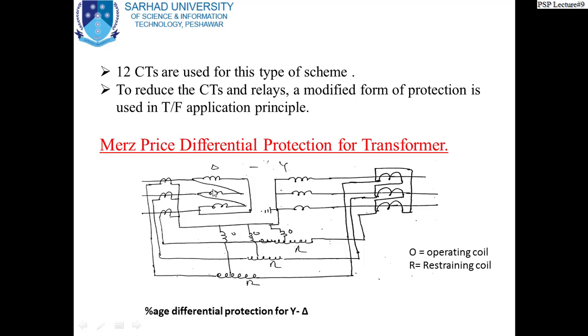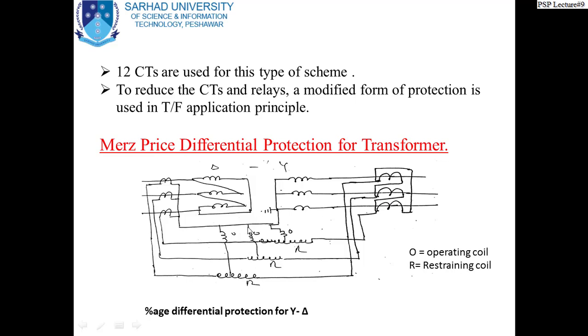One is delta and one is star, and as I've explained, you have to compare the line current on one side to the line current on the other side. Therefore, accurate comparison is only possible if we connect all the CTs on the delta side in star fashion and all the CTs on the star side in delta fashion.